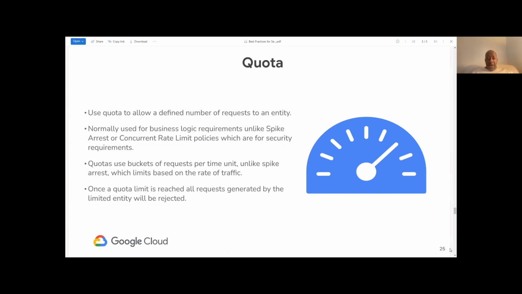And many clients find quotas a way of ensuring they can get some traffic from all their clients versus getting most of the traffic from one client and basically starving the other ones. But again, it really does depend on the use case, as well as how you're implementing security across the end-to-end cycle. Next slide.